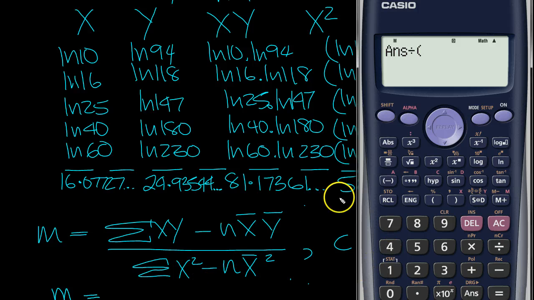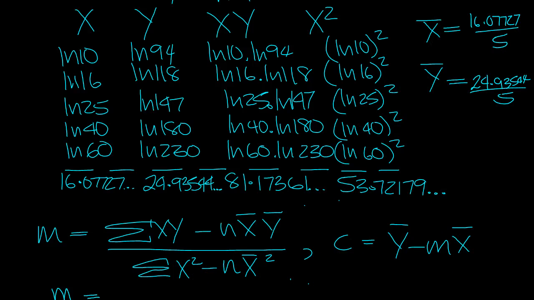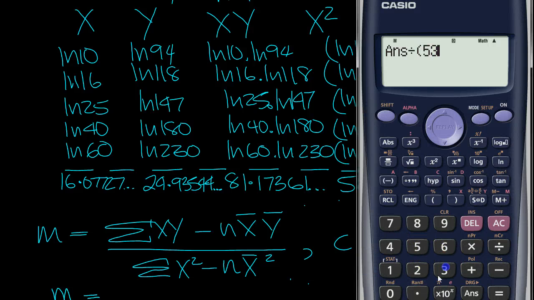The sum of x squared is here, 53.72179, minus n, which is 5, times x bar squared, which is 16.07727 divided by 5 and then squared.